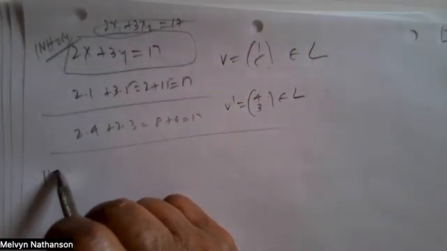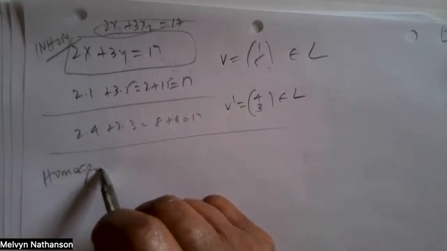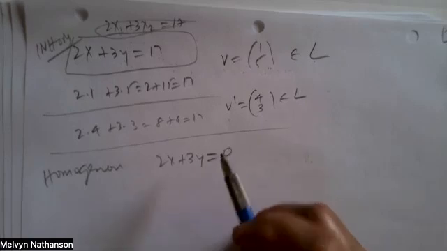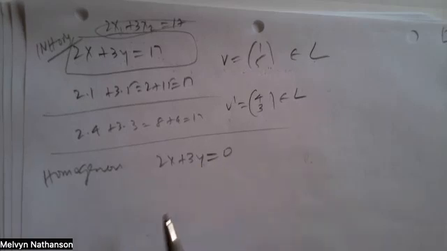The homogeneous equation is 2x plus 3y equals 0. What are the solutions of this equation? (-3, 2) is one solution. Good. How do I find all solutions?